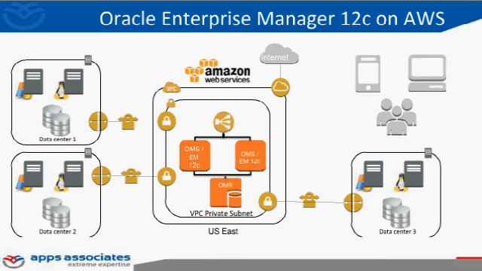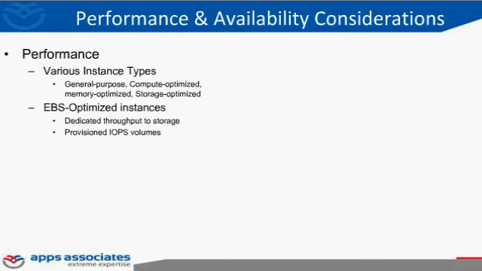So once we have connectivity out of the way, the next few questions that are quite often on administrators' minds is, how do I handle the performance and the high availability considerations that are specific to my environment? Enterprise Manager is quite often a key mission-critical tool that is responsible for managing, operating and administering your various mission-critical applications around the globe.